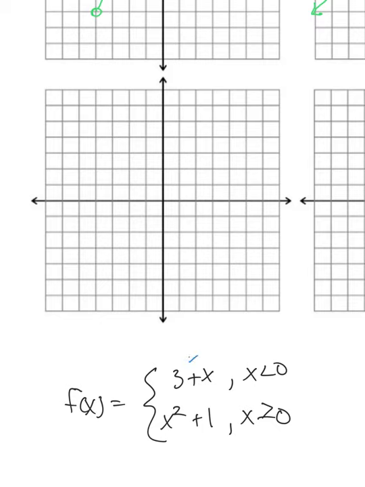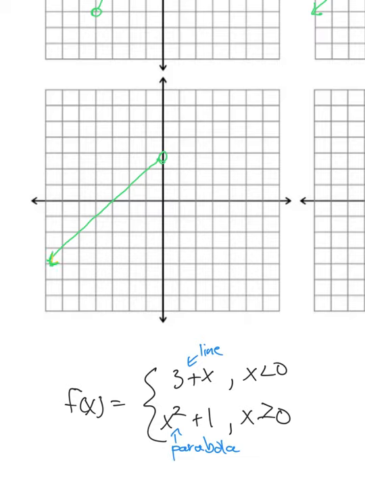So this is a line, and this is a parabola. Both of them will work. So when x is less than 0, once again, we are dealing with an open circle at 0. So we plugged in 0, that's 0, comma 3. Starting off with the open circle this time. And the slope, once again, is a positive 1. So I'm just going to go back with a positive 1 slope, like so here.